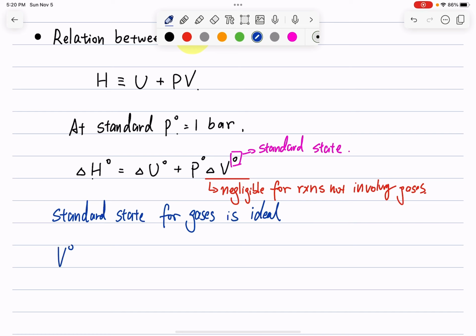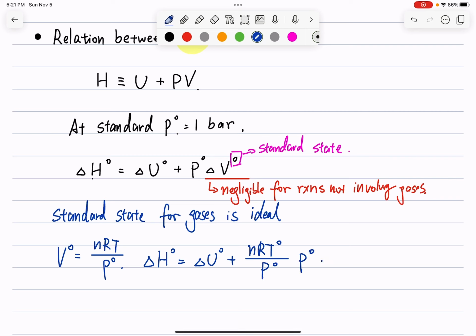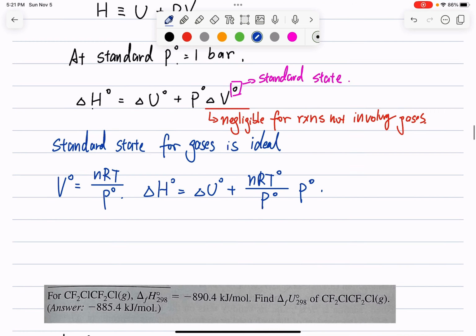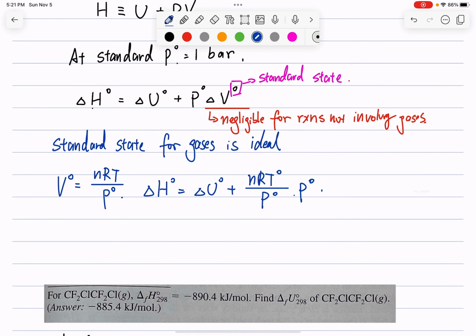So what we have is V naught equals nRT over P naught, or we can write delta H naught equals delta U naught plus nRT naught times P over P naught times P naught. And these two cancel out. What we have is delta U plus nRT.